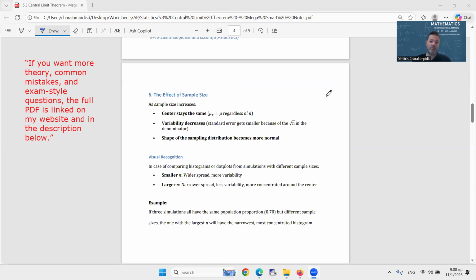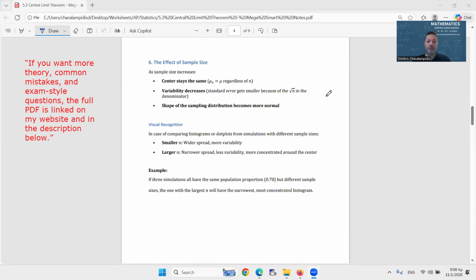Let's move on to the effect of sample size. Basically, we'll summarize how changing the sample size affects a sample distribution. As the sample size increases, as we keep using more of the individuals from that population, we saw that the center stays the same, the actual mean.